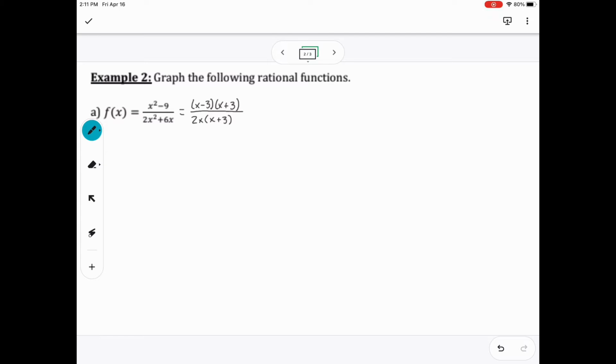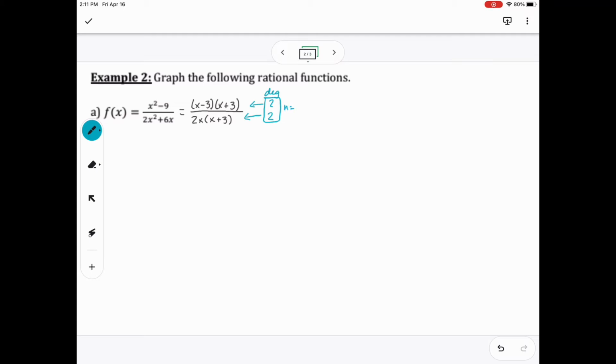Okay, now I'm going to go about this the same way I've been doing. Looking at the degrees of the top and the bottom, I get 2 on the top and 2 on the bottom for the highest degree. Now, because they're equal to one another, we're going to have a horizontal asymptote that moves, so it's not going to be 0 this time.